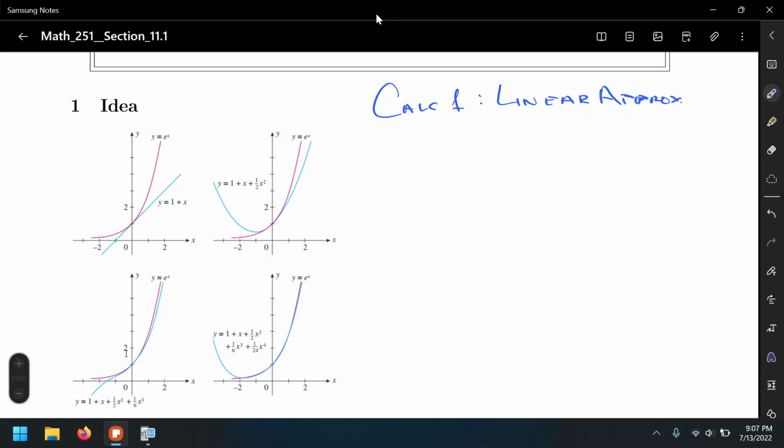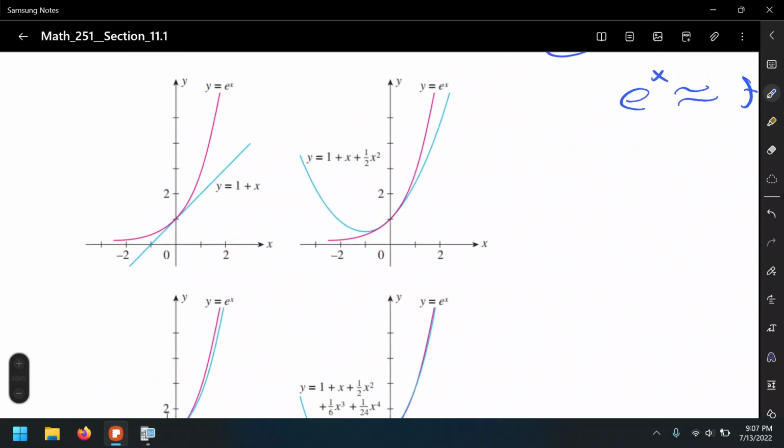For example, you were asked to find a linear approximation for the function e to the x and make it look like f of a plus f prime of a times x minus a. So that was pretty much the idea of the linear approximation. And then you used this line to compare with the graph of the exponential function.